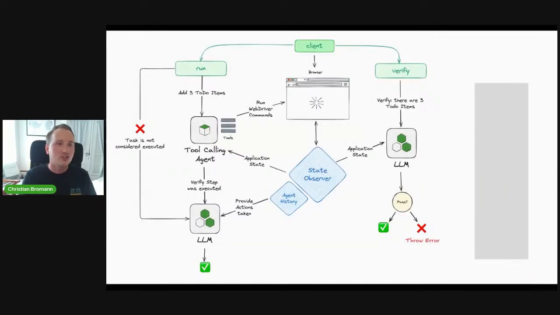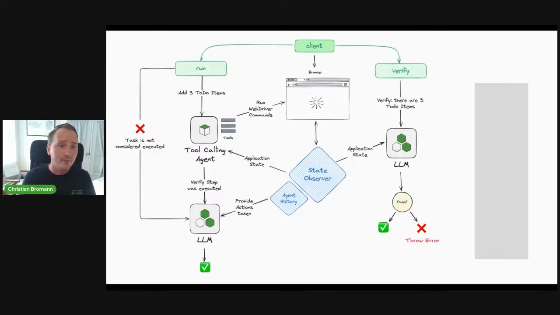The way you could build such a browser agent is as follows. In my example, you have a client that has a run or a verify command. The run command implements a tool calling agent using one of these AI SDKs. My favorite one is built by LangChain, which provides SDKs for Python and JavaScript.